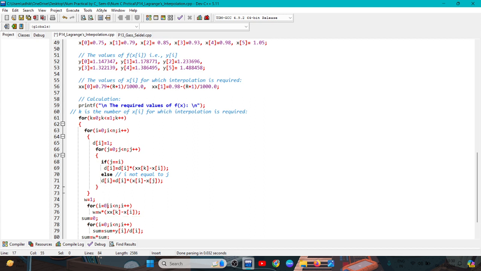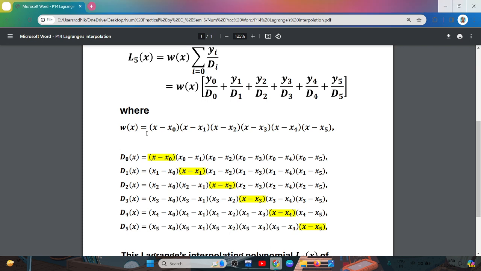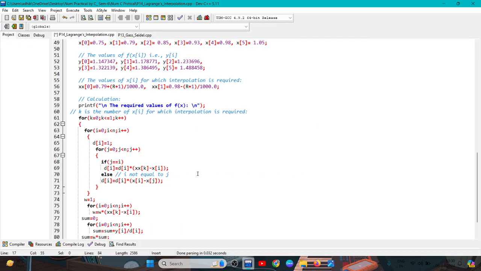And for i equals 2, this is x minus x0, x minus x1, and for this xk minus xi, that is x minus x2. So this is the w(x): x minus x0, x minus x1, x minus x2, and so on, up to x minus x5. We calculate this w.